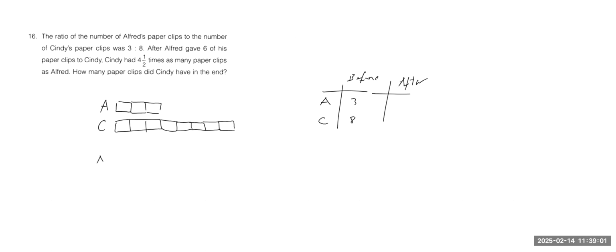So here's Alfred, here is Cindy. He gave some to her, so we don't know how much he has left, but let's say something like that. Well, now Cindy has 4.5 times as much, so we're going to try to reproduce this unit 4.5 times. Okay, there's the 4 of them.